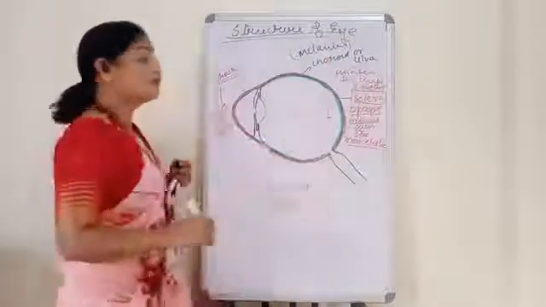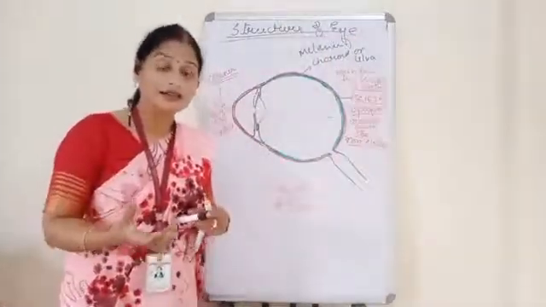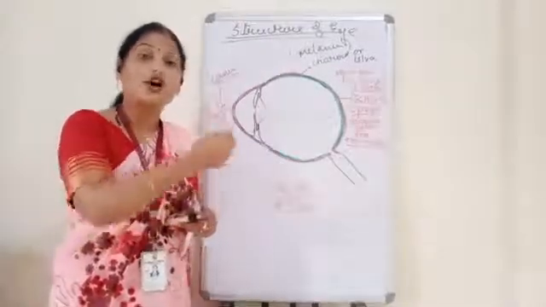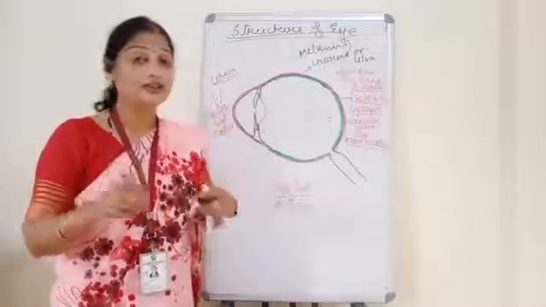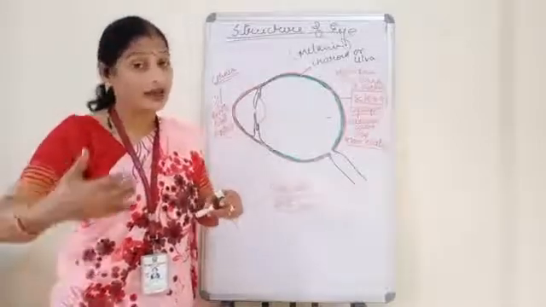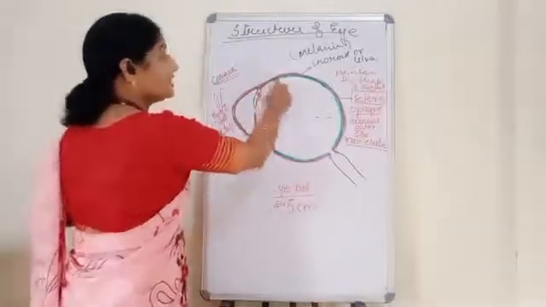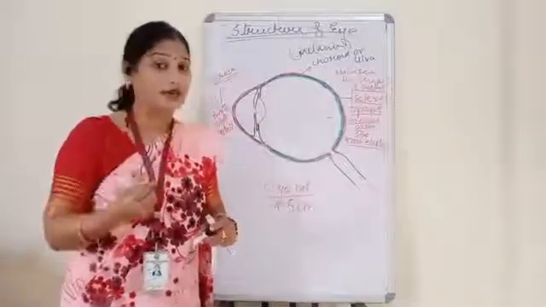This consists of melanin, and this melanin is dark in color, blackish in color, and it will absorb all the light and it will not allow the light to reflect back into the eye. So what is the job of this choroid? It is just to absorb all the light.